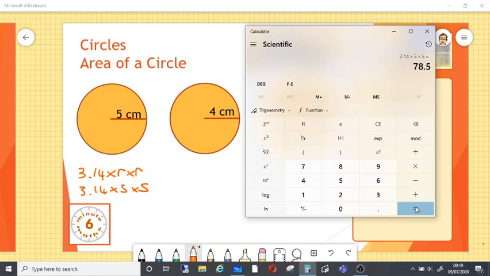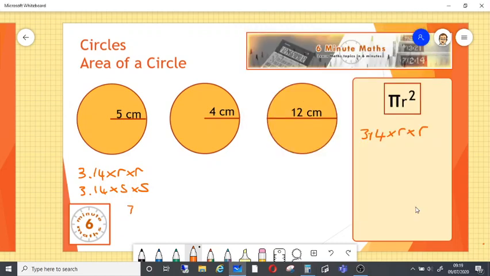So the area of that circle would be 78.5 centimetres squared. Don't forget to put that 2 in. Really important. You might drop marks on that if you don't put that in.